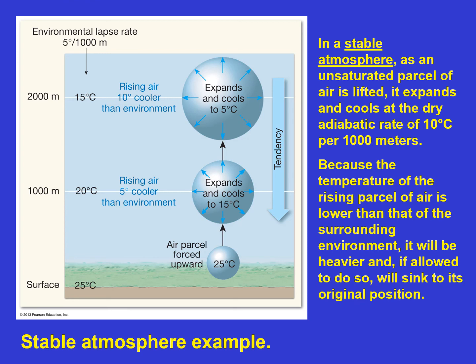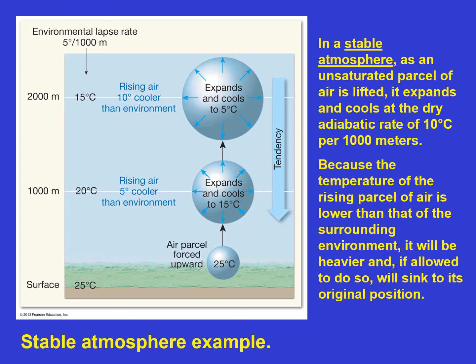So what you're looking at here is, what is the control over a stable atmosphere or an unstable atmosphere? What is the control over whether or not this air mass will rise up and then just sink back down, or rise up and start condensing and continue to rise and build a thunderstorm? The answer is that while the dry adiabatic rate is fixed, look at the environmental lapse rate in the top left corner of the figure.